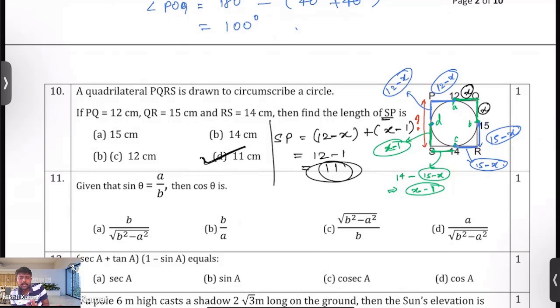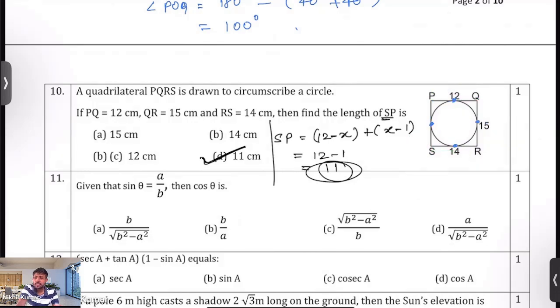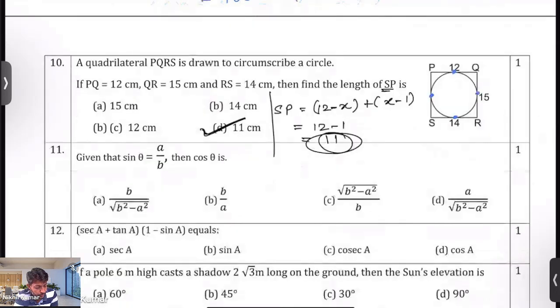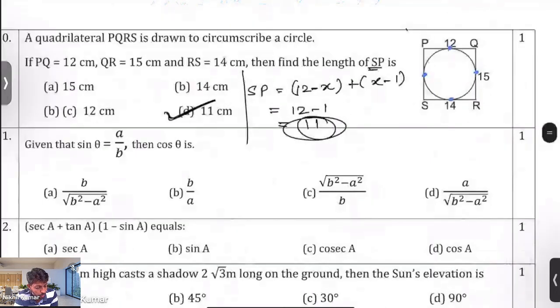Now, this all might seem a little complicated, a little too time-consuming, but you've already proved a result like this before. So whenever we have a circumscribing quadrilateral, we can say PQ plus SR is the same as QR plus PS.